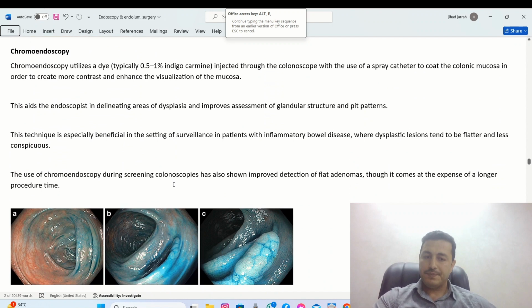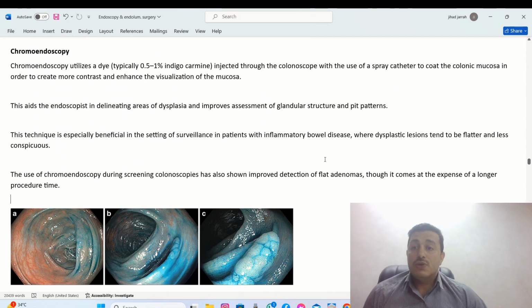Chromoendoscopy. Okay, chromoendoscopy uses a dye, usually indigo carmine, injected through the colonoscope by a spray catheter to coat the mucosa. This helps us distinguish the dysplasia, the glandular structure and the pit pattern.